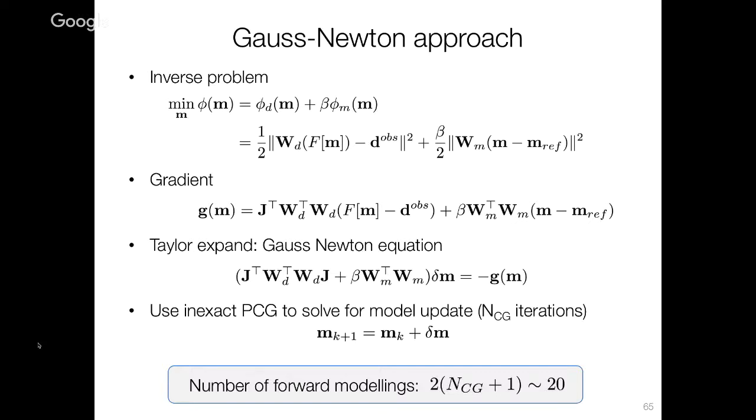So that's the J. And we're going to try to make this thing equal to 0. It's a non-linear problem, so we're going to have to iterate. So we're going to do a Taylor expansion about the model that we're currently at, and then take a first order Taylor expansion, and then this is the equation that we have to solve.